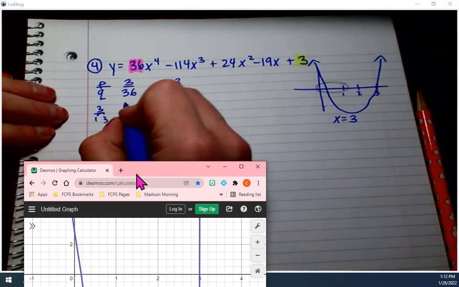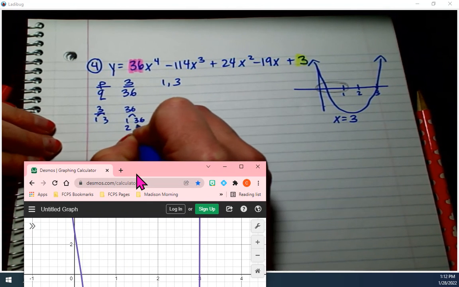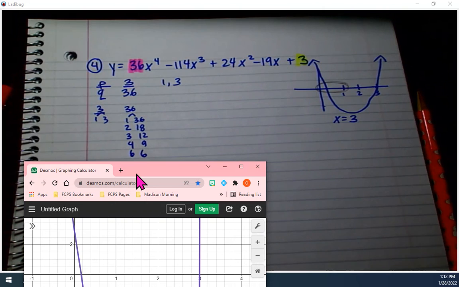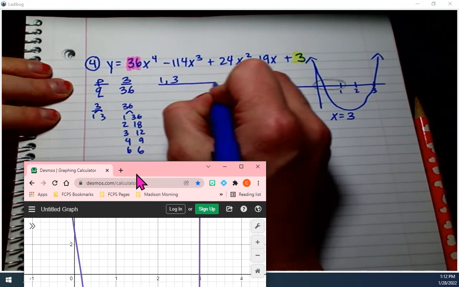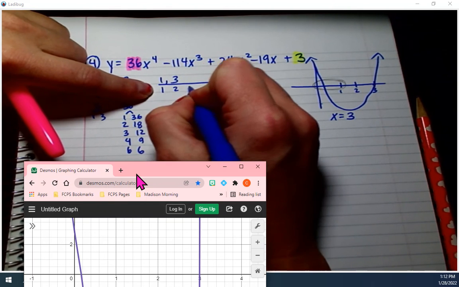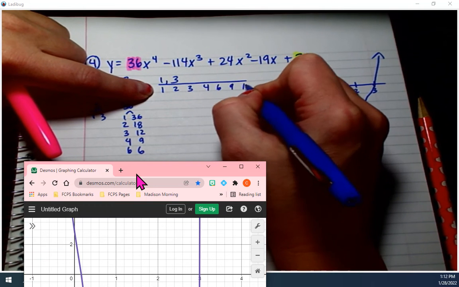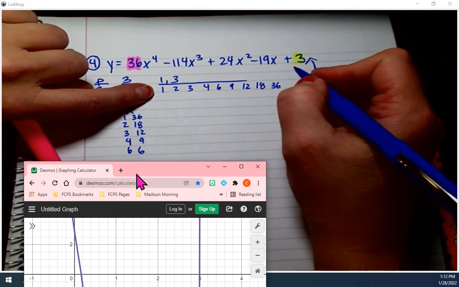Okay, 36 actually has a pretty long list. So as you write down your factors of 36: 1, 2, 3, 4, 6, 9, 12, 18, 36.